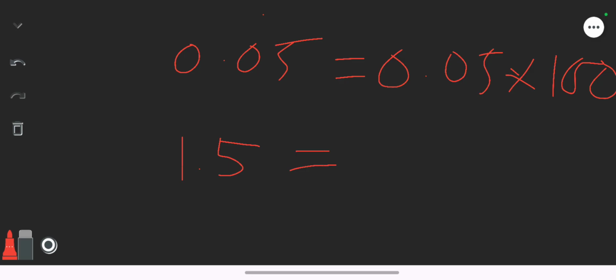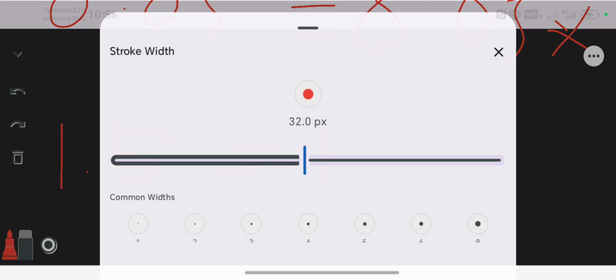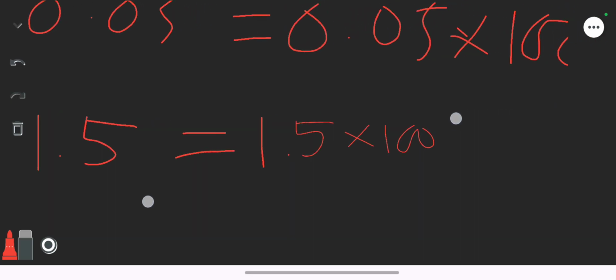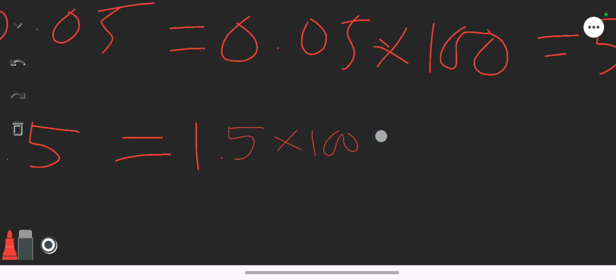So 1.5 multiplied by 100 is equal to 150%. There we go. Simple as that.